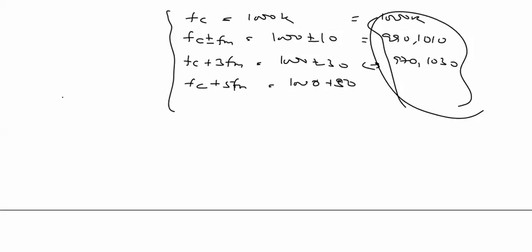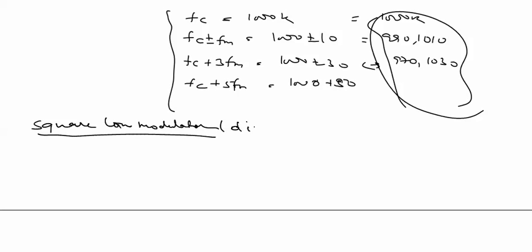Now we will discuss the second method, the square law modulator or diode modulator, a nonlinear modulator.